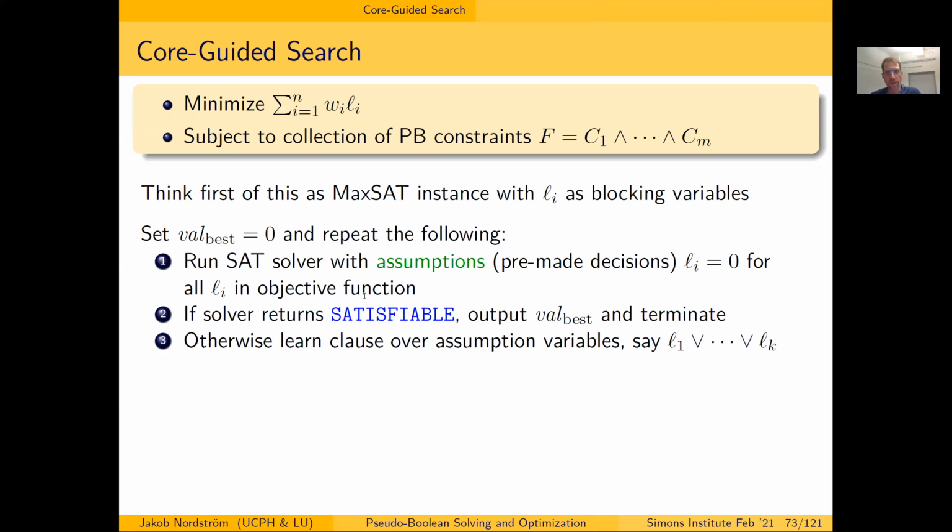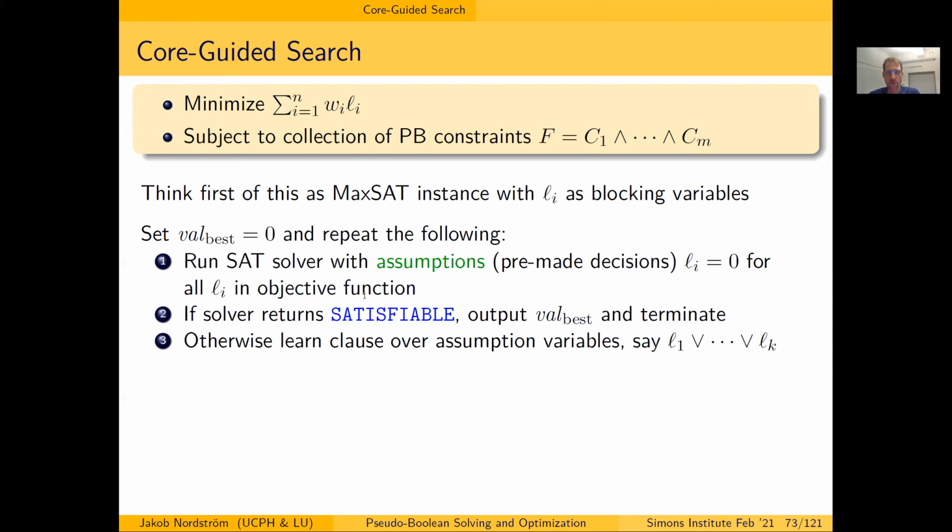So say the learned clause is L1 or L2 up to Lk, which says that no, you cannot assume L1, L2 up to Lk all false. At least one of these literals has to be true. And what this means in a max-sat setting is, no, you have to violate at least one of these soft clauses.